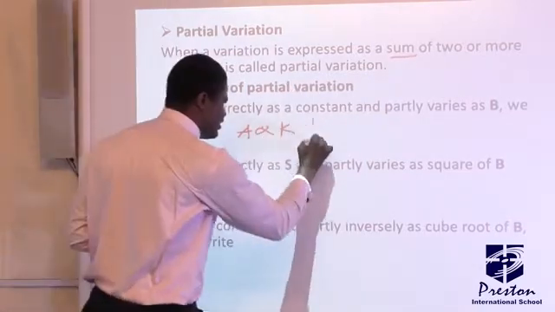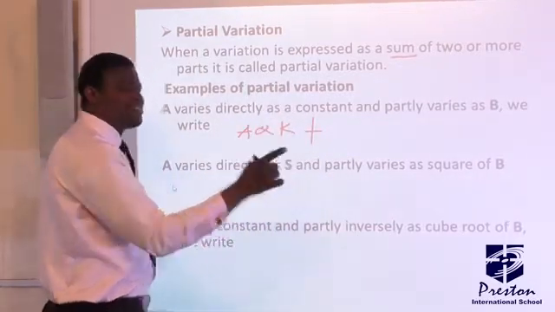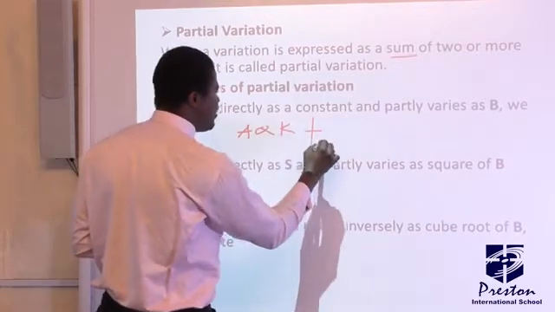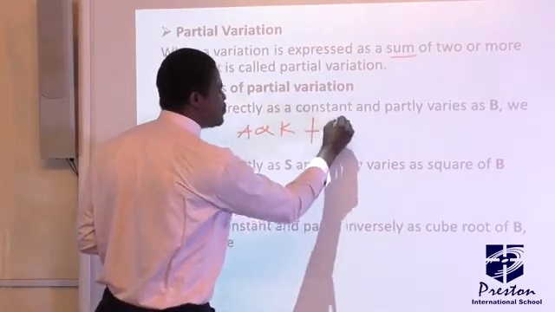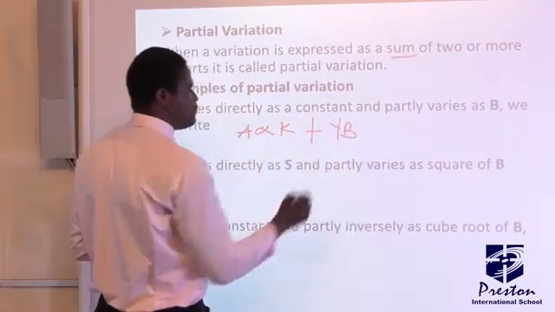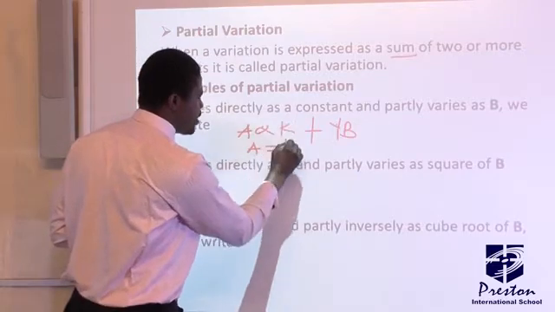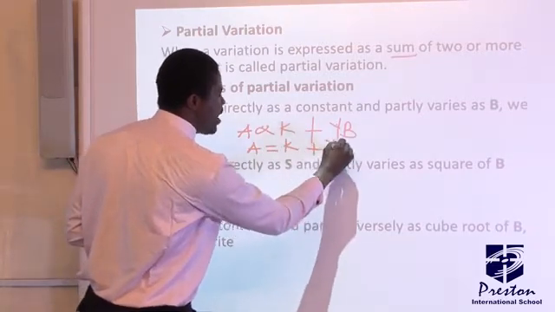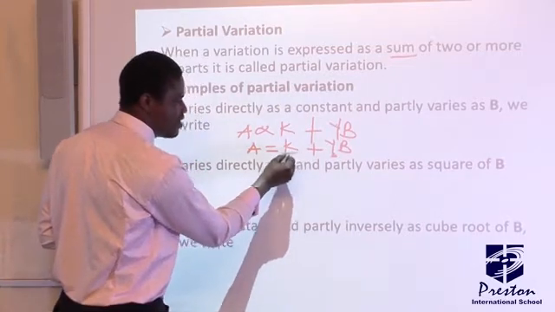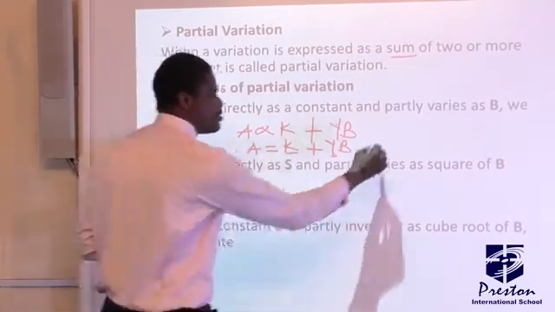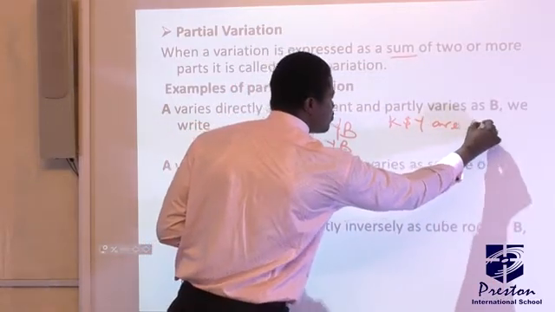The word and, the same A partly varies as B. Partly varies again is coming with its own constant. Let us call that constant y, B. So in this case, A is equal to k plus y, B, where k and y are constants.